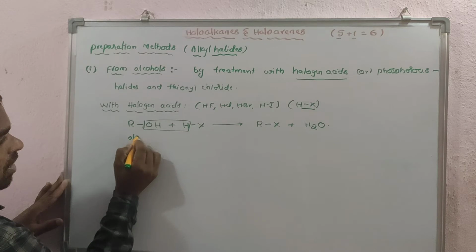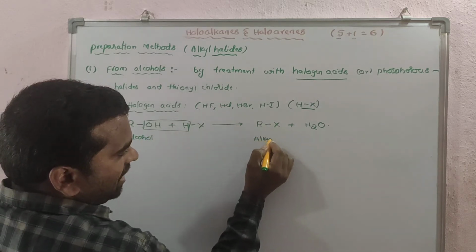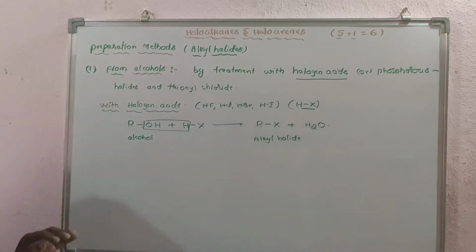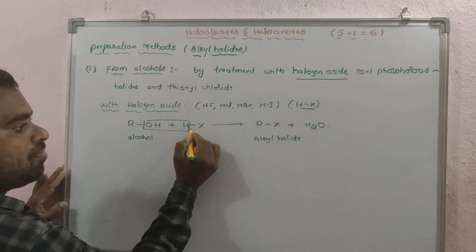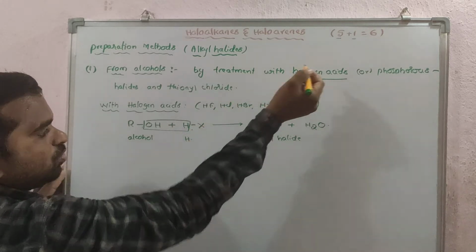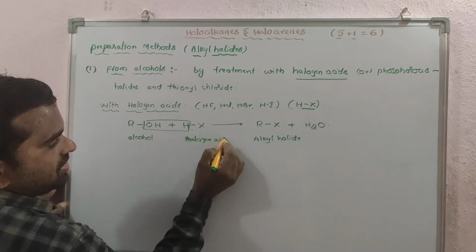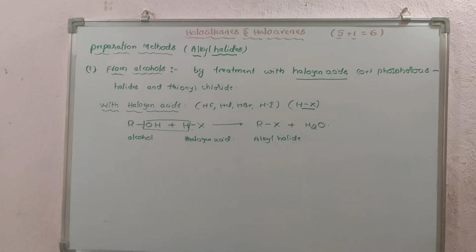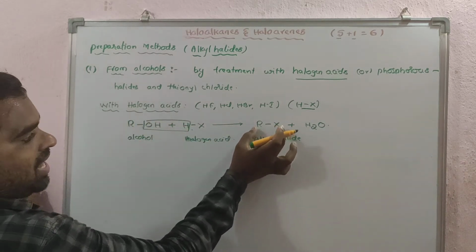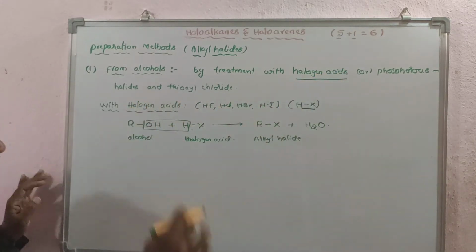This is the alcohol, and this is the alkyl halide, or you can simply say haloalkane. Prepared from halogen acids. Clear? So this is the general reaction of preparation of alkyl halide from alcohol by the treatment of halogen acid.